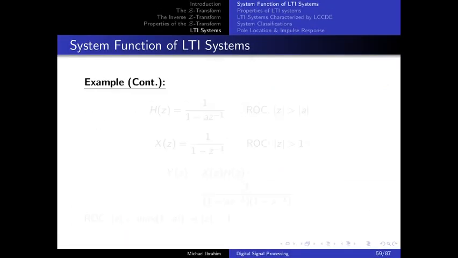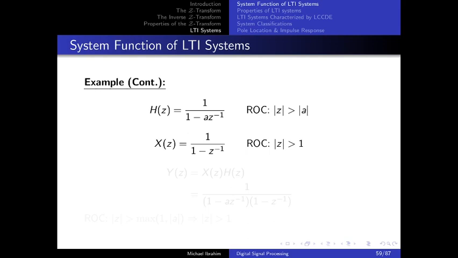So solving this example, we find first H of z to be 1 over 1 minus a z to the minus 1, and X of z to be 1 over 1 minus z to the minus 1, and then Y of z is a multiplication of the two. Here we're using the convolution property, which says convolution in time is multiplication in the z domain.